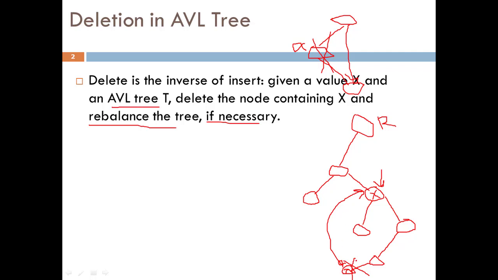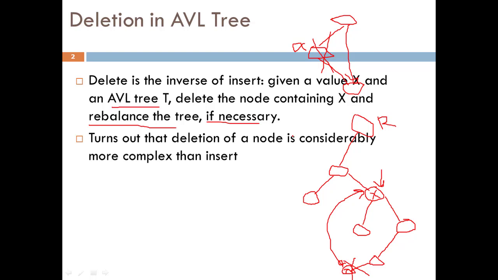So for example, this one was the x node. Once we delete that x node, we will see if the deletion of this particular node causes the balance factor to be adjusted, then we need to perform the rotations. If not, then no need to perform the rotations.